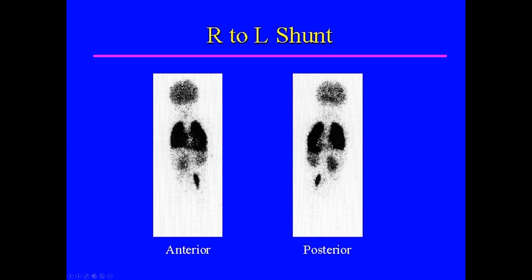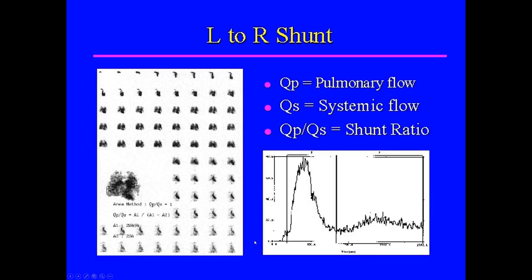So when you see this, you know you've got a right to left shunt present, and you can actually quantify the amount of radioactivity outside the lungs and see what the percentage shunt is. So it's a fairly easy study to do.